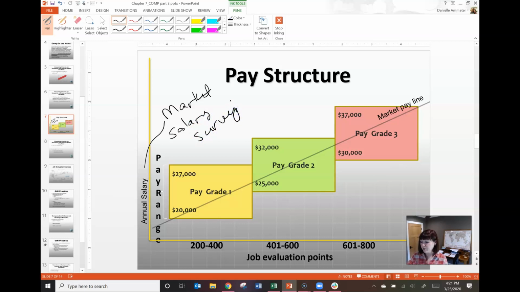And when we compare those two things, what we come up with is what's called the market pay line. This market pay line represents the typical market pay rates. Could be means, could be medians, but as we already know, it should most likely be the median, relative to our own internal job structure.